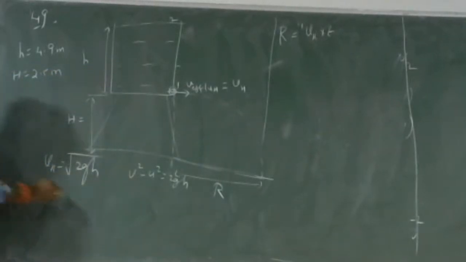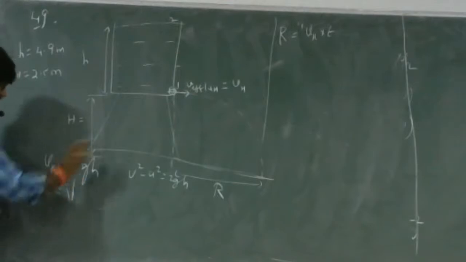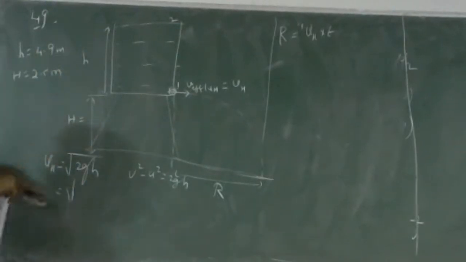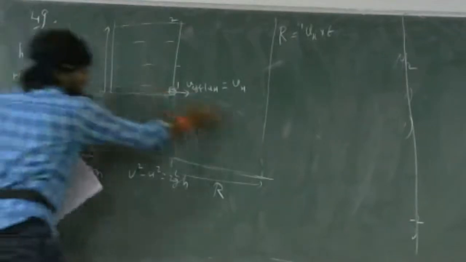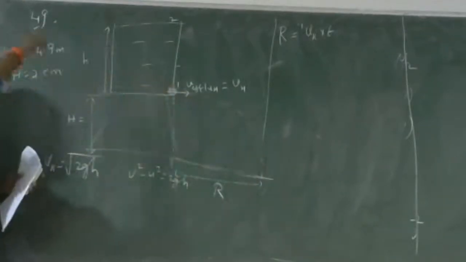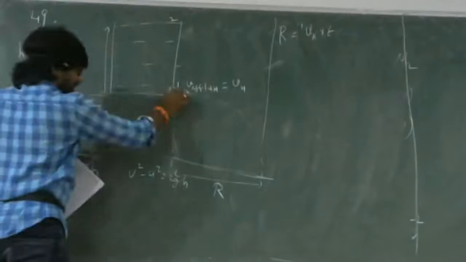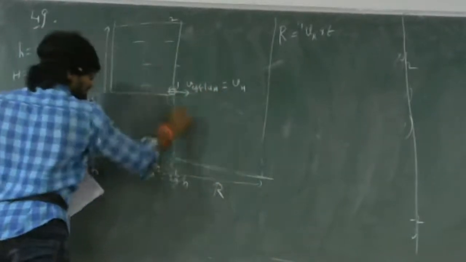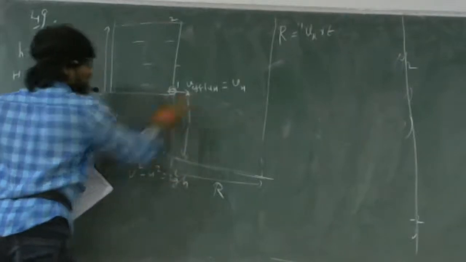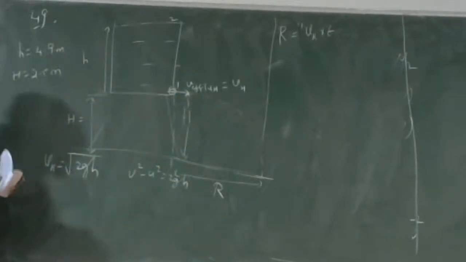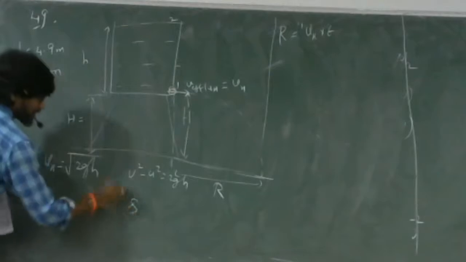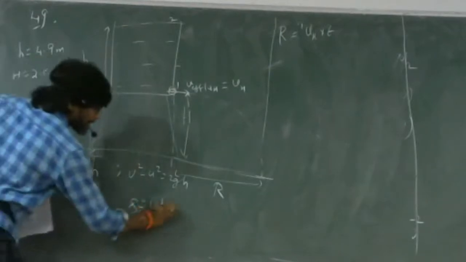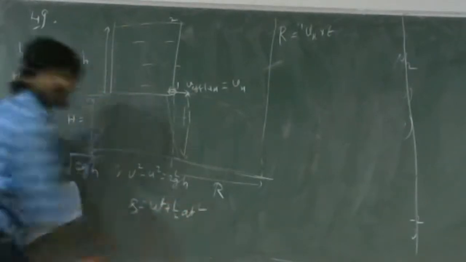Let us keep this as it is, and at the end we can substitute the values. This is the velocity of efflux. Then what is the time taken to travel from here to here? We call this the time of descent, which is equal to the time taken by the liquid jet to travel vertically downward this height. To find this, you have to use another equation, S is equal to ut plus half at square.